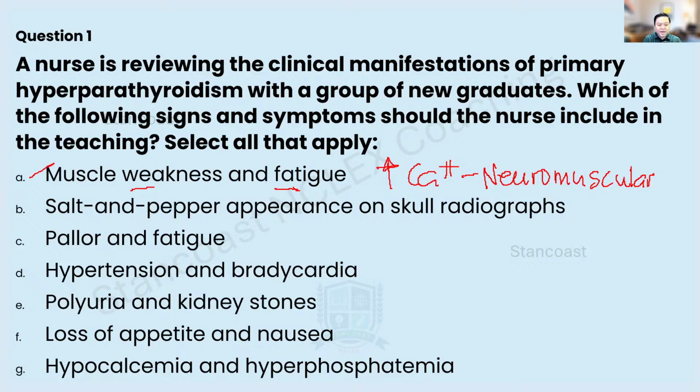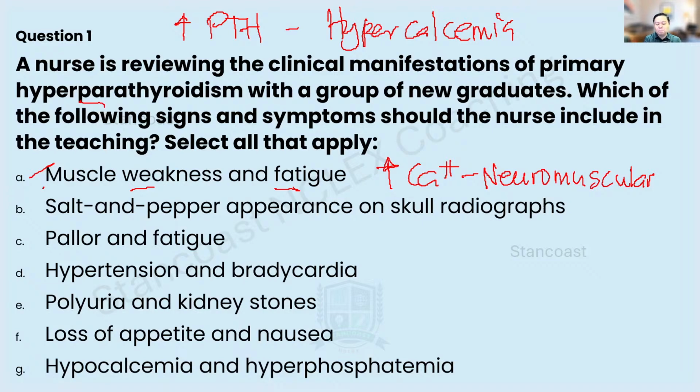All right. We are talking about hyperparathyroidism wherein there is increased PTH. That simply means that our patient will have hypercalcemia. And so one of the answers that we'll be picking in this scenario is letter A, muscle weakness and fatigue.